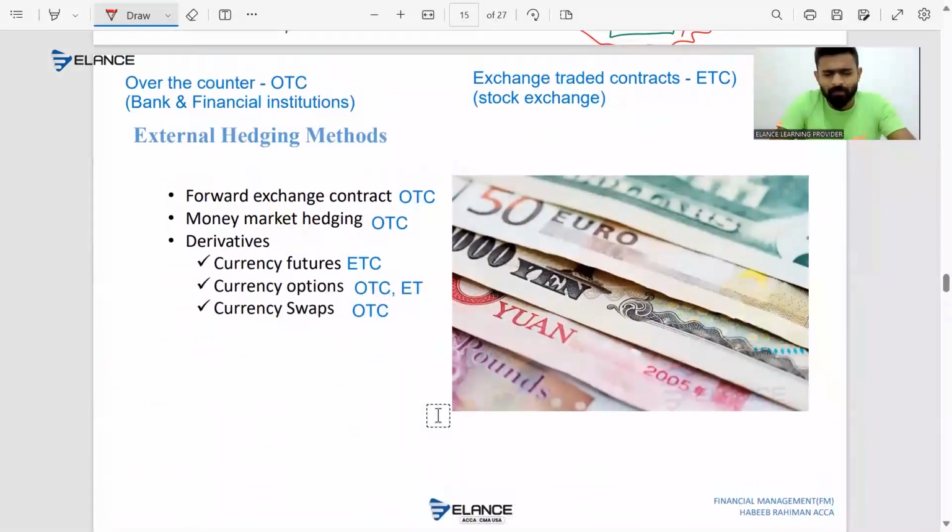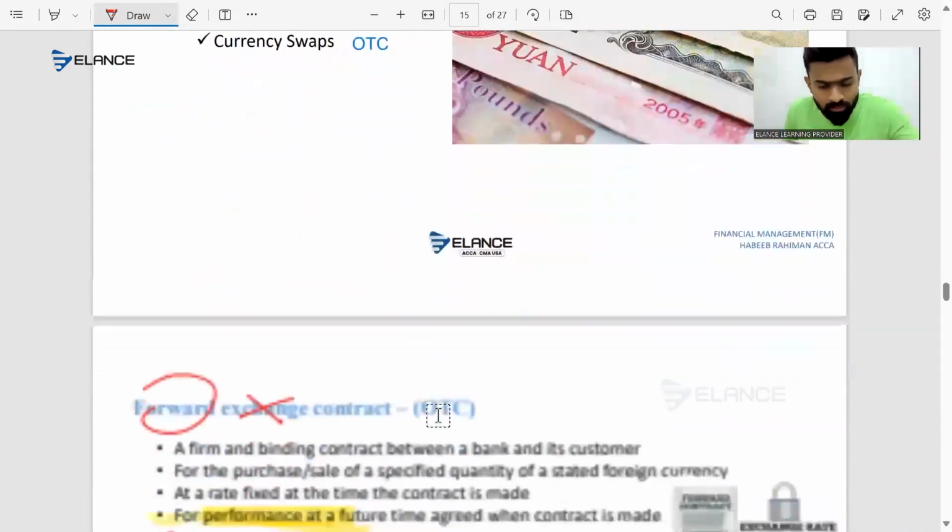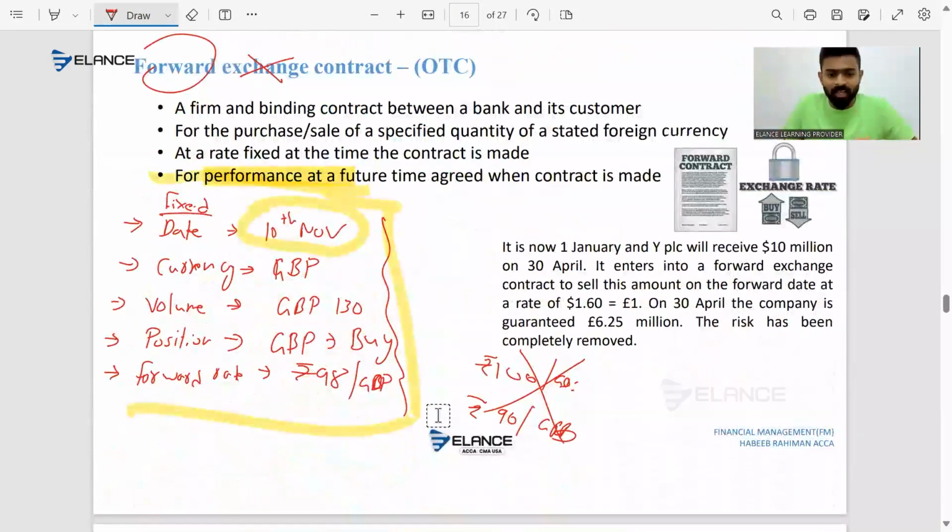So the forward contract is making certainty today itself. What was our risk? It was uncertainty, right? So if you enter into a contract to fix everything, what all things are we fixing? Not only the rate. Most students will learn that only the rate is fixed.